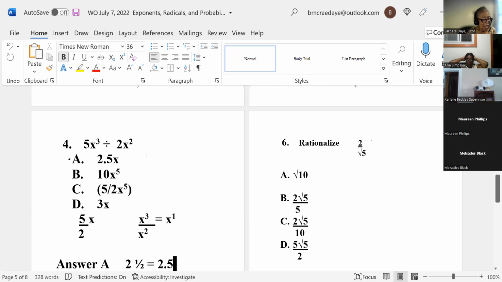So it's got to be A. Once you get that variable right, now you can eliminate B and C. It's got to be an x because 3 minus 2 is just x to the 1. So between A and D, 5/2 is certainly not 3. 5 minus 2 is 3, but 5/2 is 2.5.